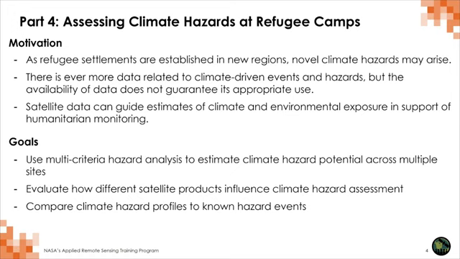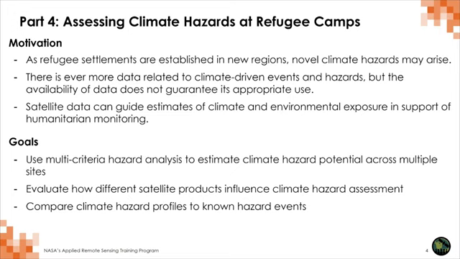This part of the training is trying to leverage the available data from satellites and other sources to start estimating climate and environmental exposure in a systematic way, such that we can take the same kind of assessment site after site, and certainly country after country, in an attempt to aid a more systematic examination of climate hazards at refugee camps.